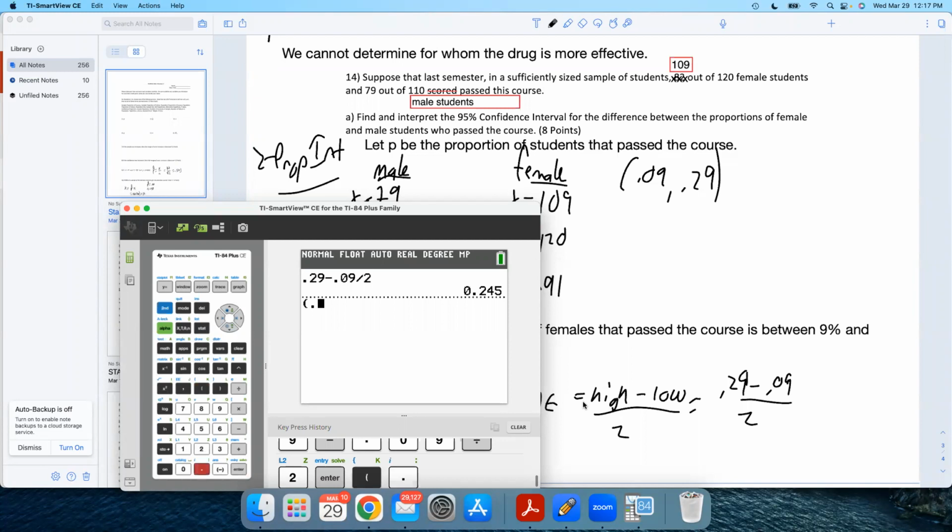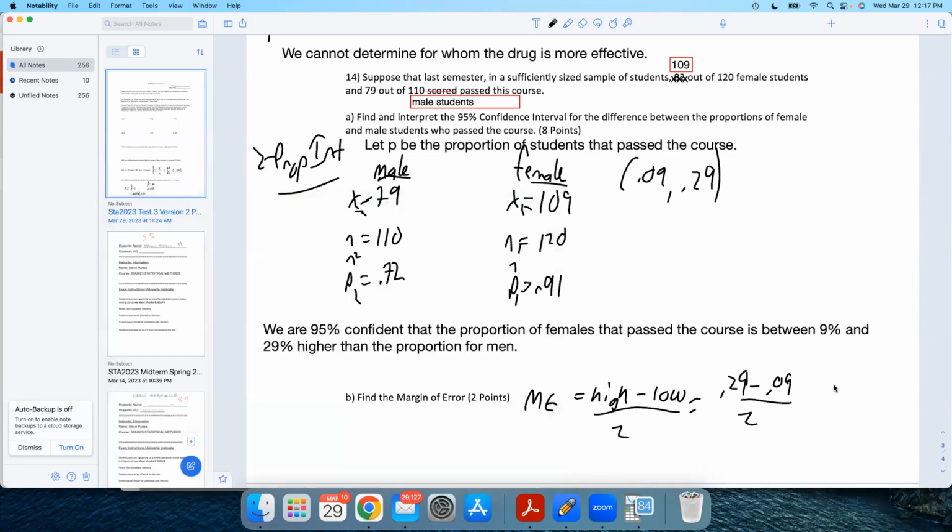You can either type the top in parentheses, and that's your margin of error, 10%. Or I'm too lazy to do that, I just type the top. 0.29 minus 0.09, hit enter and then divide by 2. So 0.1.